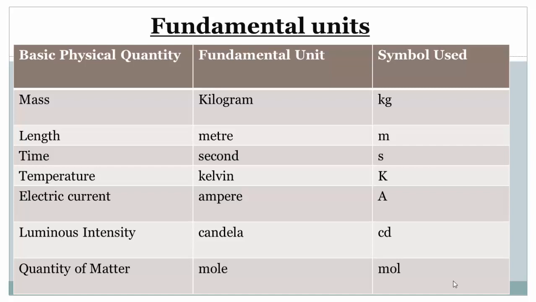Now understand the basic physical quantity and its fundamental unit and the symbol used for the fundamental unit. Mass is the basic physical quantity. The unit given to it is kilogram. The symbol given is kg.